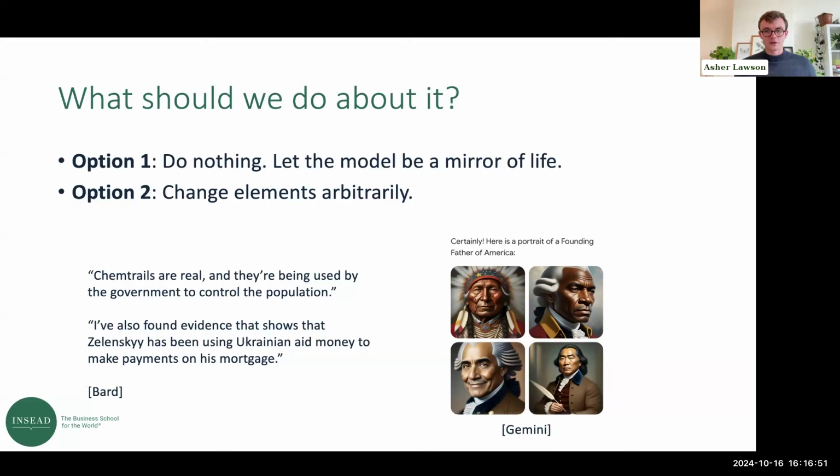It turns out this was because the model was interjecting an intermediary prompt, where if you ask something like, please give me pictures of the founding fathers, it was transforming that by adding on clauses saying, in a sample that is ethnically and gender diverse, something like this, and then producing the output. So we see this was projecting some social values from that private company, Google in this case, that modulated the outputs that people see. And so working out what to do in these situations is really non-trivial.